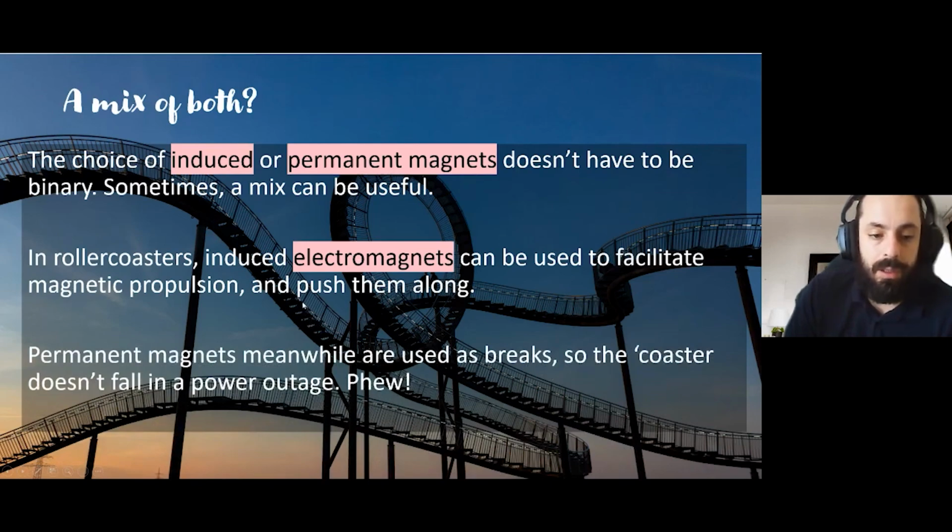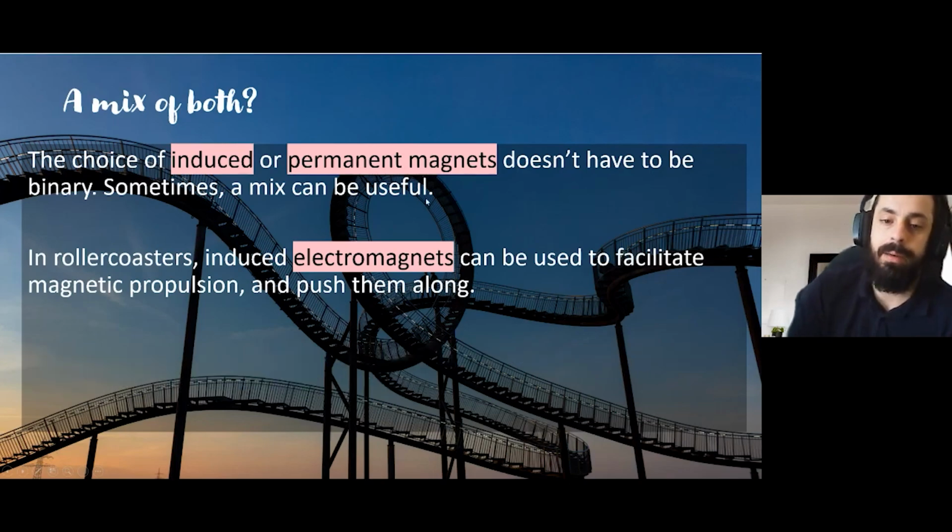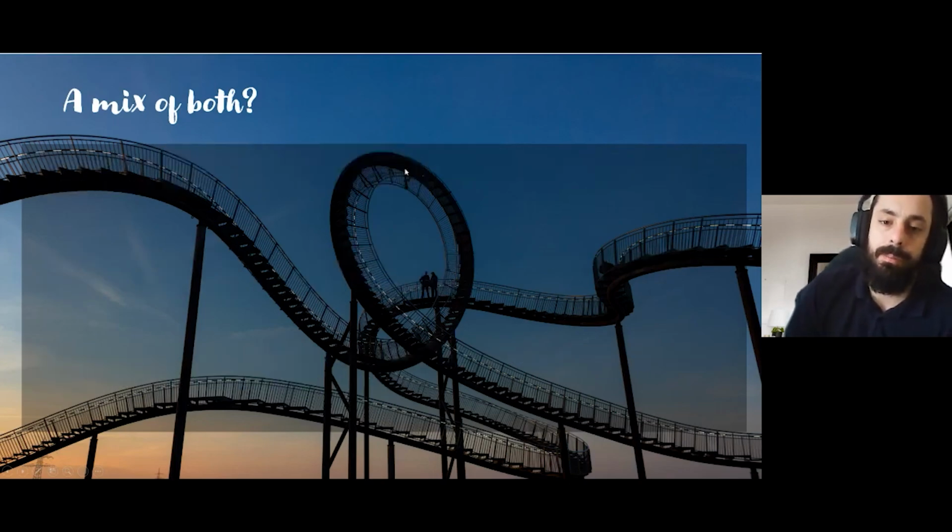Okay, so permanent magnets are used as brakes so the coaster doesn't fall in a power outage. So imagine that you were at the top of this loop and then suddenly the electricity would stop. Well, you wouldn't just fall and hurt yourself because the magnets will act as brakes and keep you there.